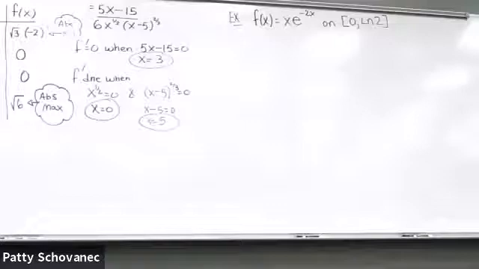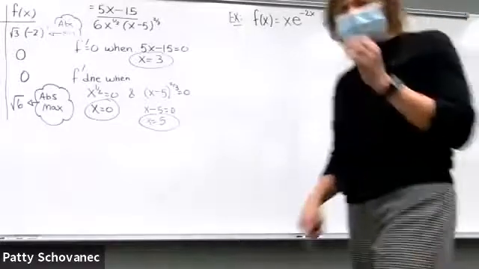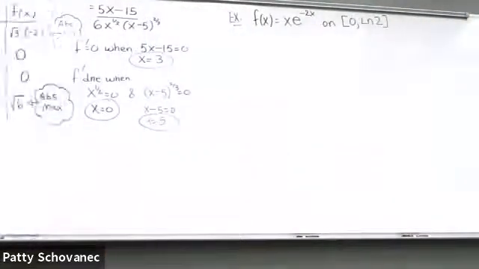Take the derivative using the product rule. Keep in mind, e to the power is always positive. Just e to the negative 2x. So it's x times e to the negative 2x. Do your product rule. If you can factor your derivative, you should get one critical number in the original.